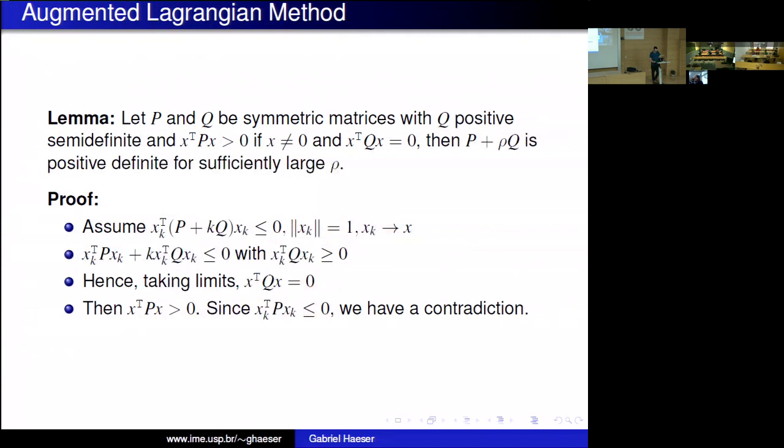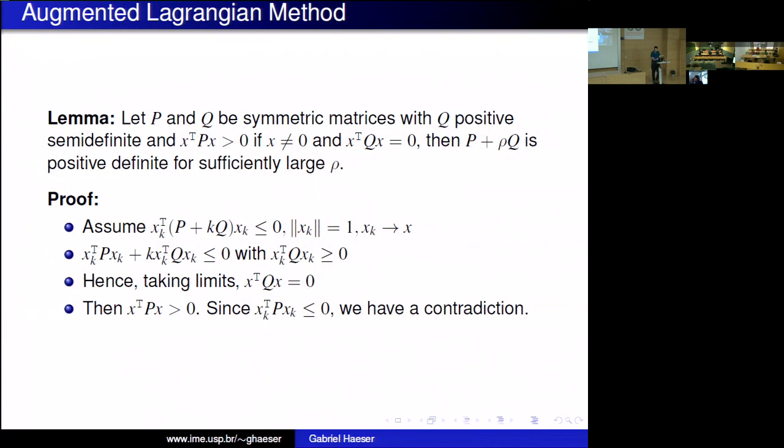Note that if this was not the case, if this limit were positive, then when I take the limit of this expression, it would go to infinity: k times a positive limit, and k goes to infinity. This goes to infinity plus infinity, and this goes to some number, x transpose P x. So this is a contradiction. This can't be non-positive. So x transpose Q x should be 0.